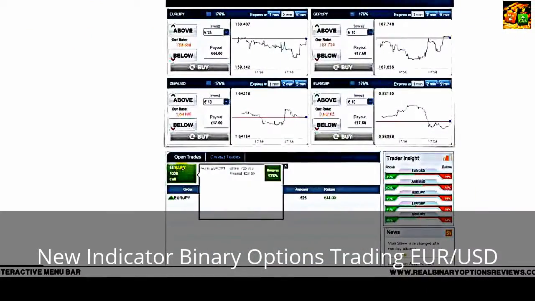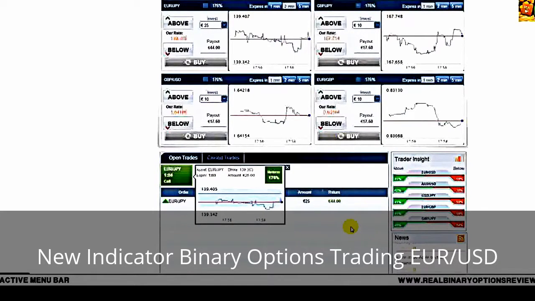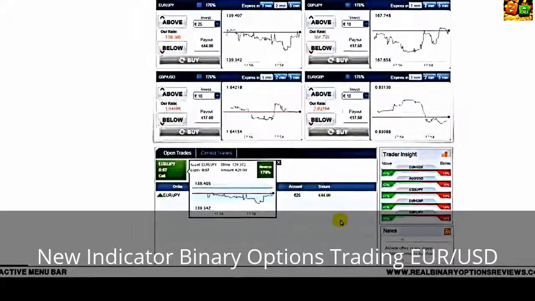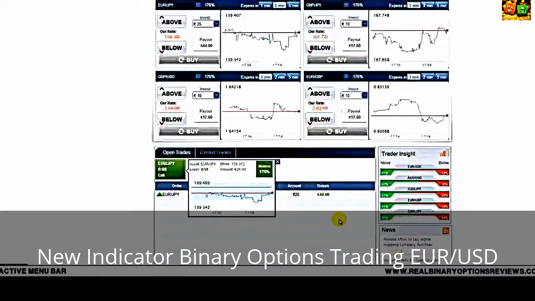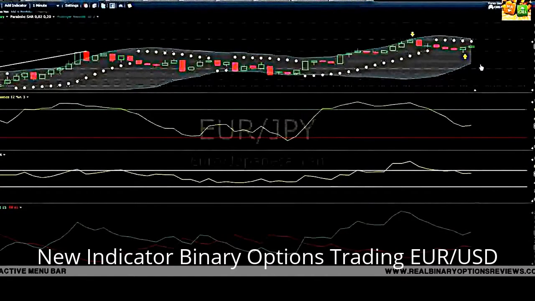Now I'm going to click on this box to see what's going to happen. So if it would be a 1-minute trade, it would expire now. It would be a winning trade, and I hope it lasts for 2 minutes. So I'm going back to my charting software.